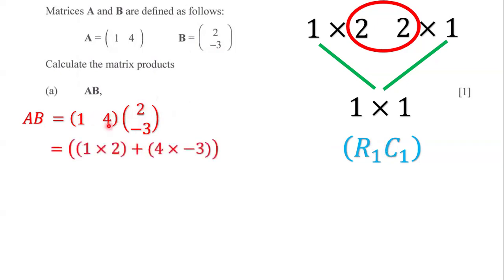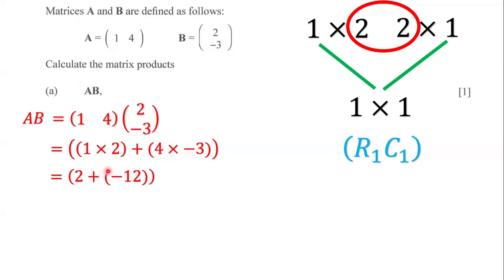And what do we have? Well, we have 1 times 2, and then 4 times -3. Next, we multiply. 1 times 2 is simply 2, and 4 times -3 is -12.